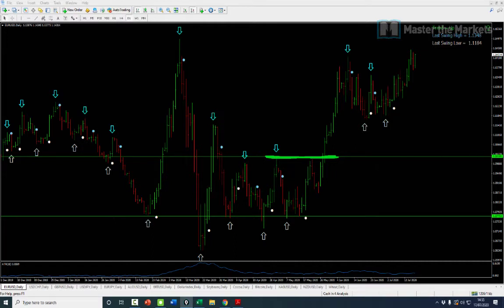Let me explain that. In the industry, you'll hear a lot of people say you need 3 higher highs and 3 higher lows, and for any of you that have been trading for any period of time, you'll know that's extremely rare to see in the market. It's very rare to get 3 consistent higher highs and higher lows.